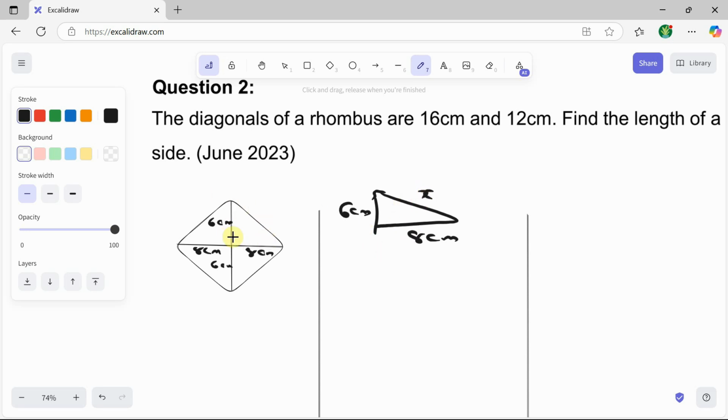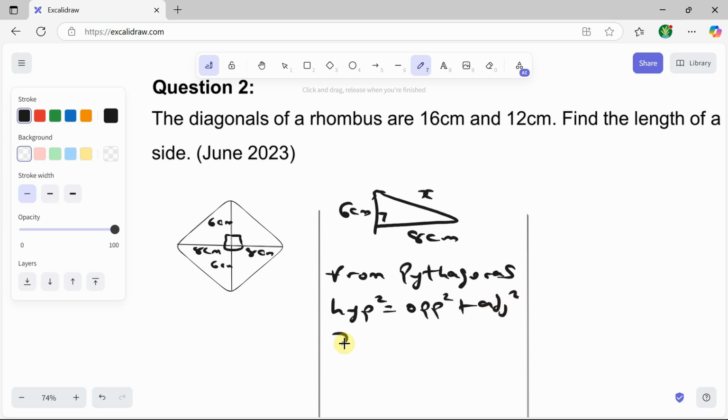Of course, we said they bisect each other at right angles. So all these angles here are 90 degrees, so there's a 90 degree here. So we could say from Pythagoras, what does it say? It says that the hypotenuse squared is equal to the opposite squared plus the adjacent squared.